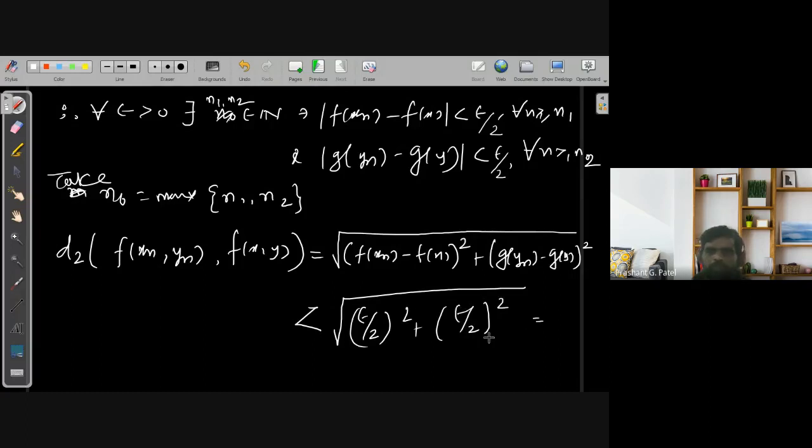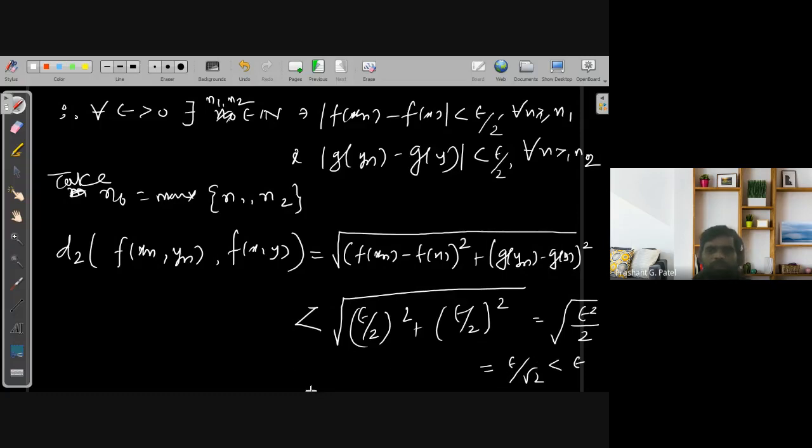But this gives you epsilon square by 4, so we still need to adjust something. Okay, no problem. So this is epsilon square by 2, and that's why it is epsilon by square root of 2. And epsilon by square root of 2 is always less than epsilon.